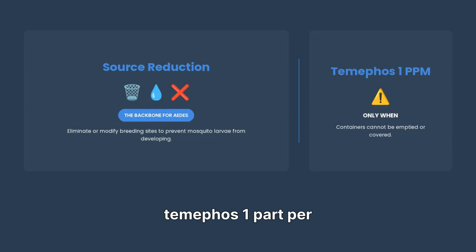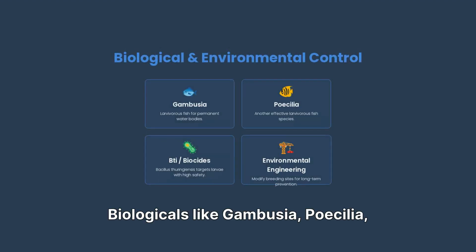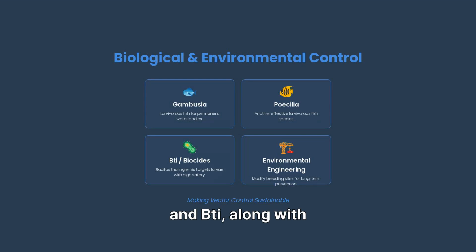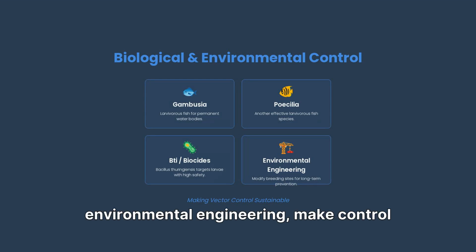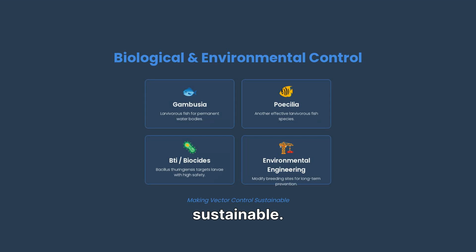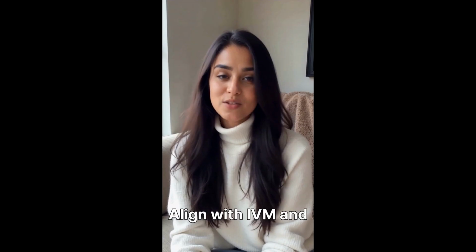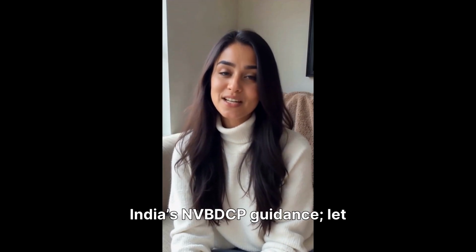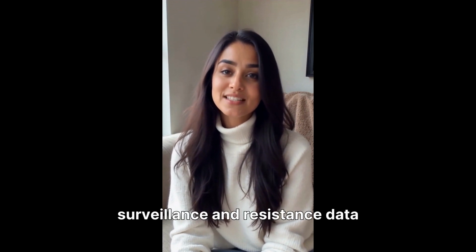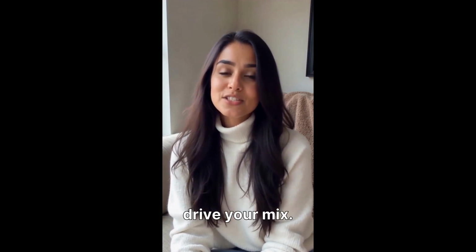Use Temephos 1 part per million only when containers cannot be emptied or covered. Biologicals like Gambusia, Poecilia, and BTI, along with environmental engineering, make control sustainable. Aligned with IVM and India's NVBDCP guidance, let surveillance and resistance data drive your mix.